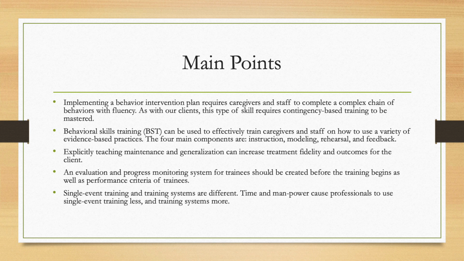There doesn't seem to be a set of concrete steps for BST from the more recent articles that were published in 2018, 2019, and 2020. It looks like behavioral skills training varies depending on the training, which makes sense.